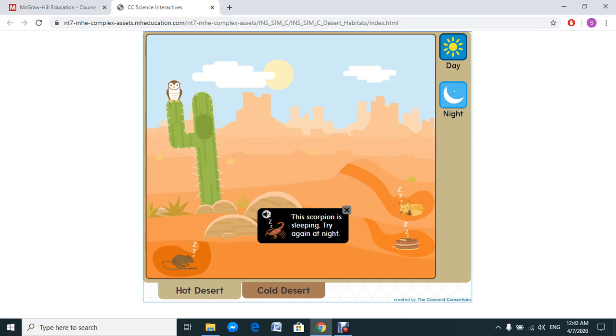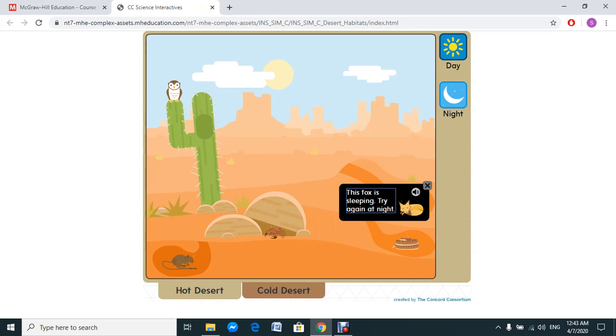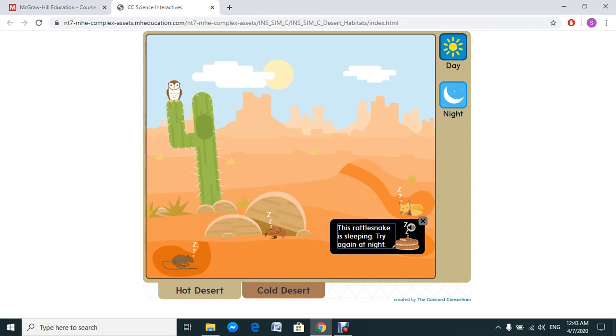Now look at this scorpion. This scorpion, which we all know, is also sleeping during the day. Also the fox is sleeping, and this snake, we call it a rattlesnake.